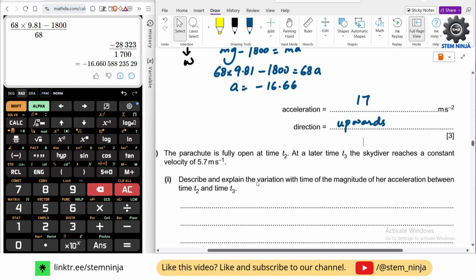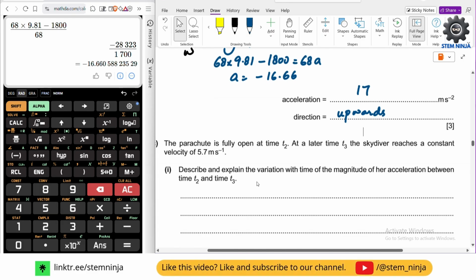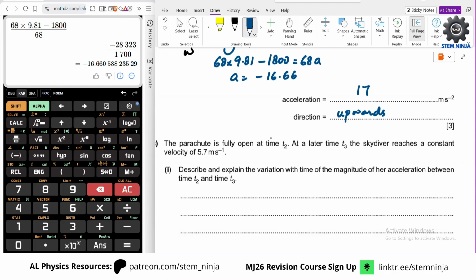Okay. The parachute is fully open at time t2. After the time at a later time t3, skydiver reaches a constant velocity of 5.7 meters per second. Describe and explain the variation with time of the magnitude of her acceleration between time t2 and time t3. So when it is fully open, the graph actually is going, this is terminal velocity, then it suddenly drops, and then it would basically start going this way.